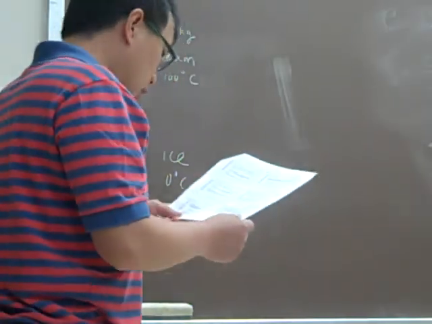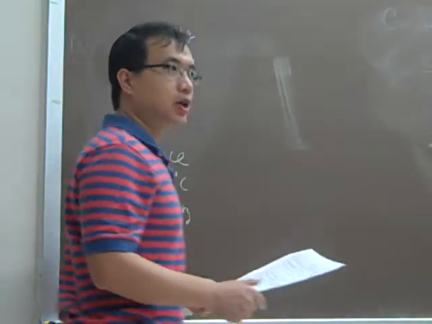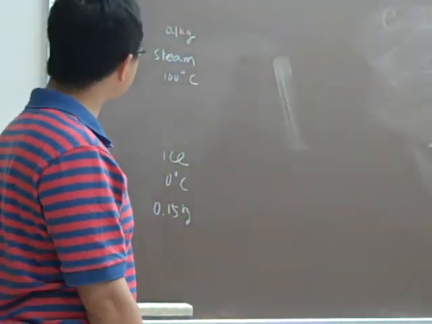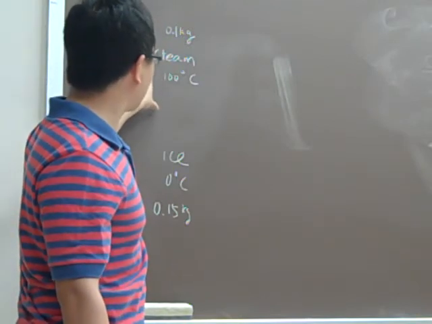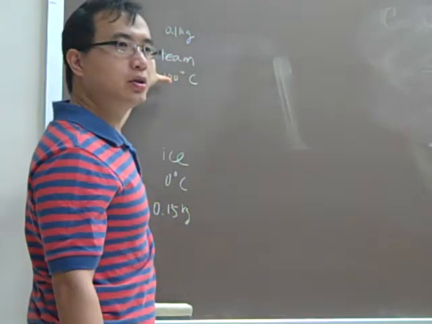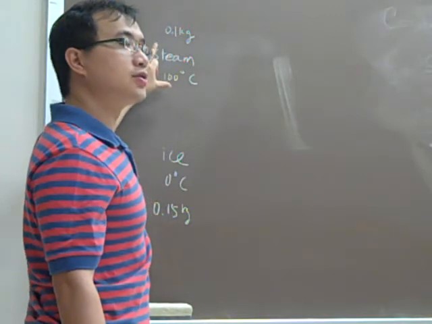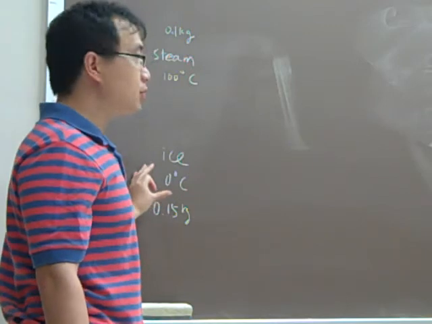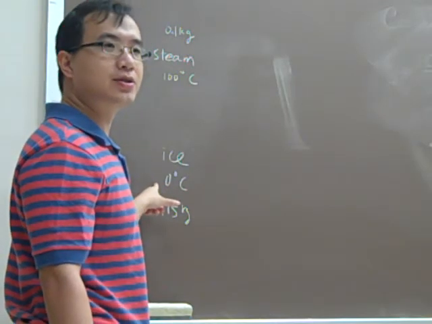So to fix this issue, the best way is first to calculate the relevant heat released from the steam, and then calculate how much heat is needed to melt the ice.